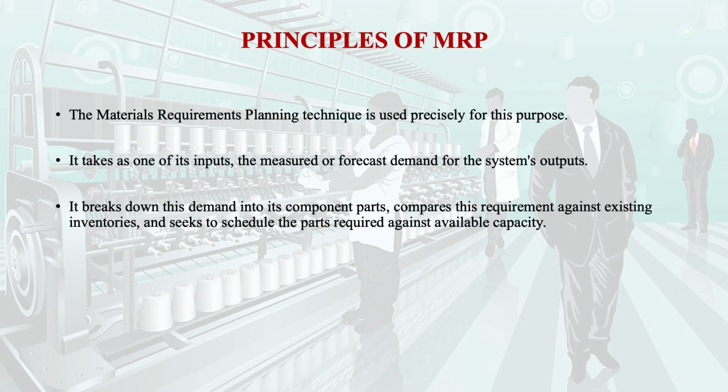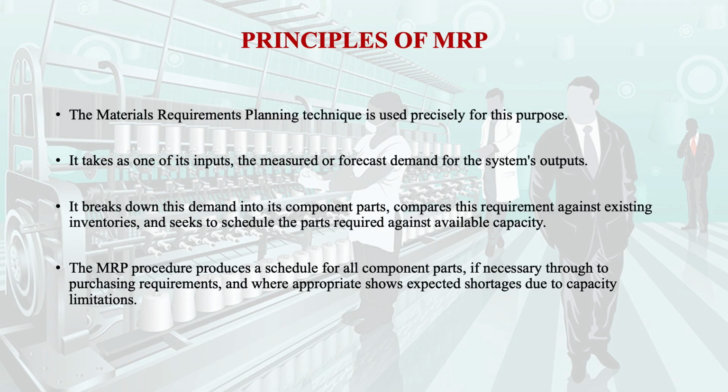It breaks down this demand into the component parts, compares this requirement against the existing inventory, and seeks to schedule the parts required against the available capacity. The MRP procedure produces a schedule for all component parts, if necessary through to purchasing requirements, and where appropriate shows the expected shortage due to capacity limitations.